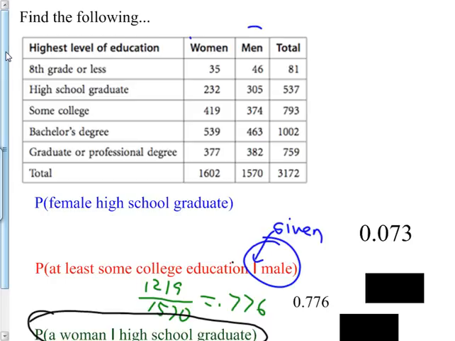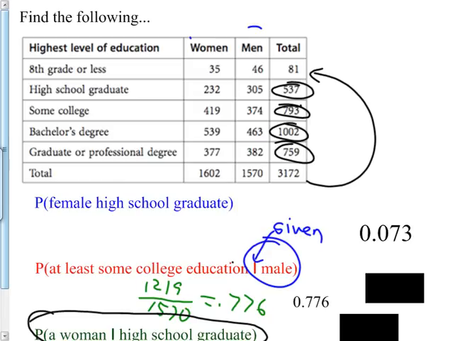Do you mean that, well, because think about it. Do you think some college, these people, don't you think they had a high school degree? But you should ask. All right, so that's possible, that's possible, that's possible, and that's possible. Or you could take this and subtract that. That's another faster way to do it. You know what I mean? It's all of the people except those 81. So you could take the 3172 minus the 81.